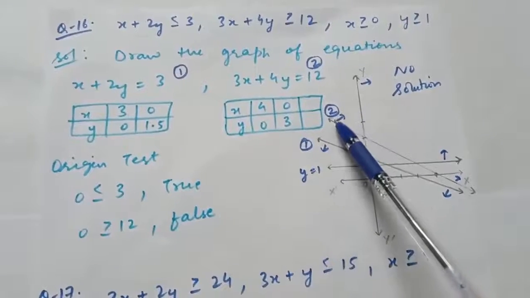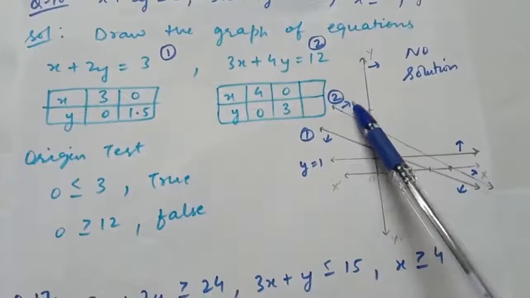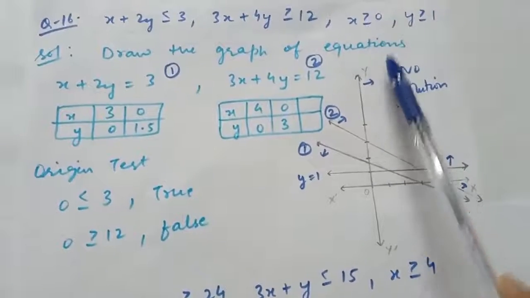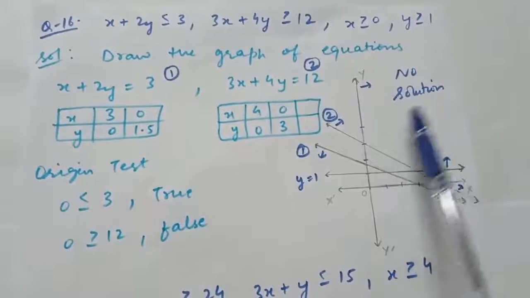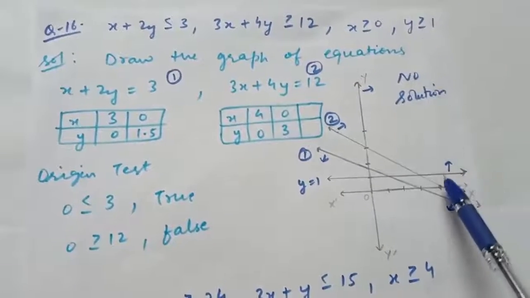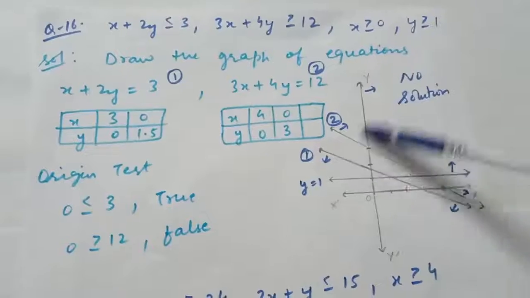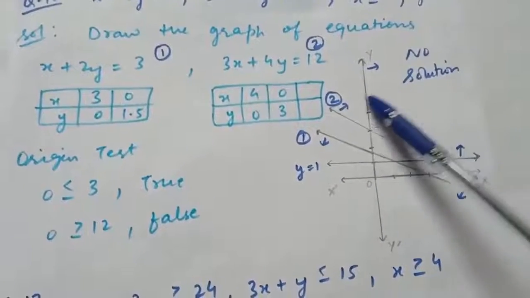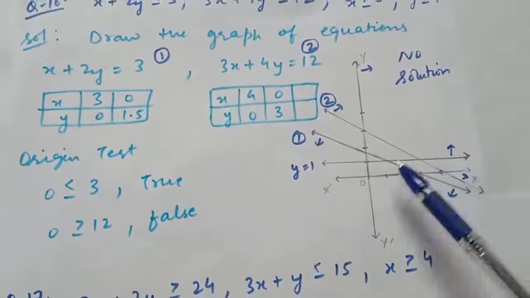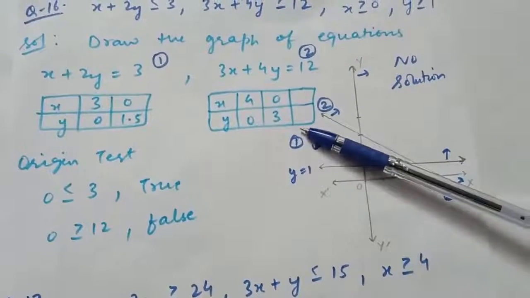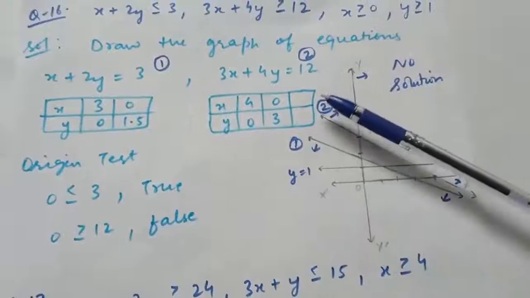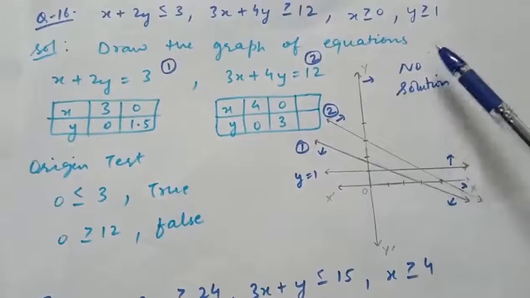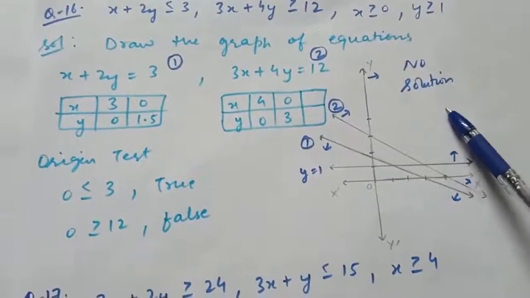Therefore, the solution will lie away from the origin, right? x greater than or equal to 0 is this side, and y greater than or equal to 1 is on the upper side, right? So as we can see, there is no common region, because from this line we have to go this side and from the second line we have to go this side. There is no common region and we can therefore say no solution.